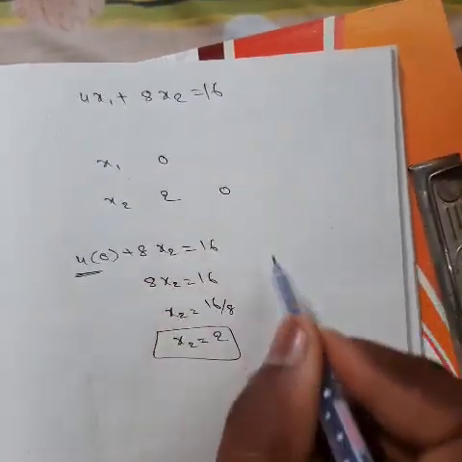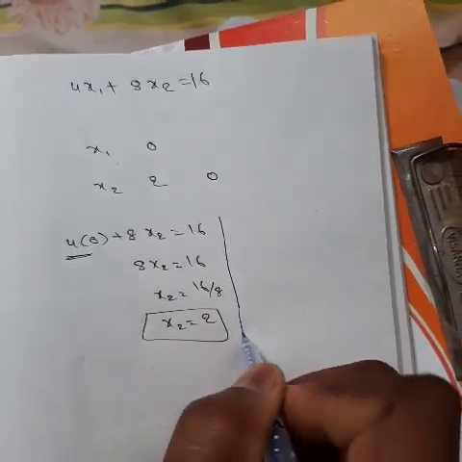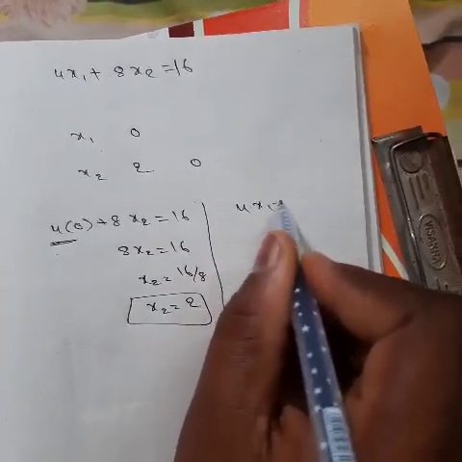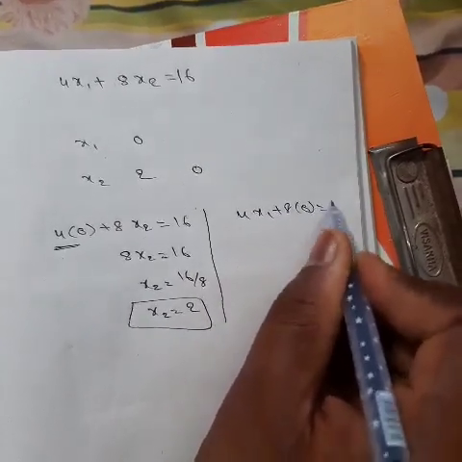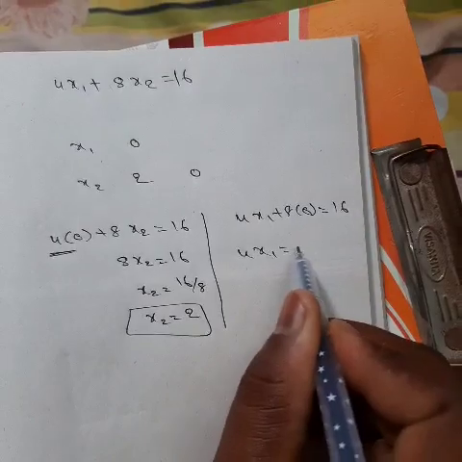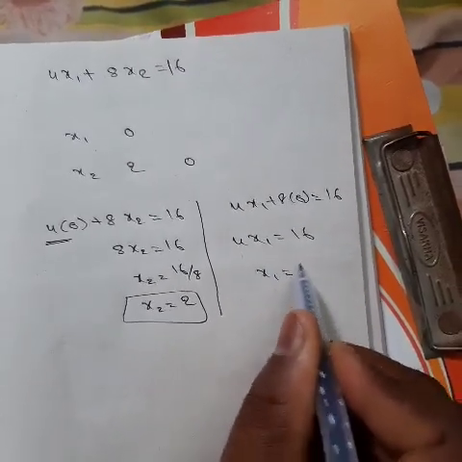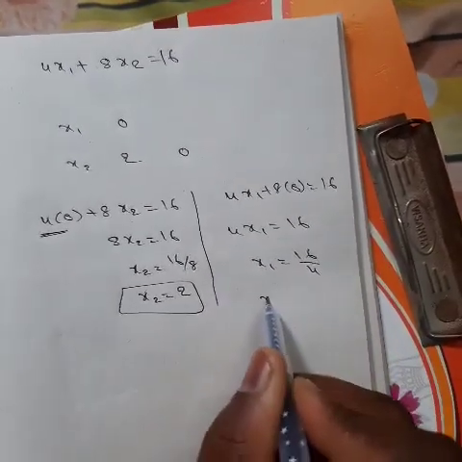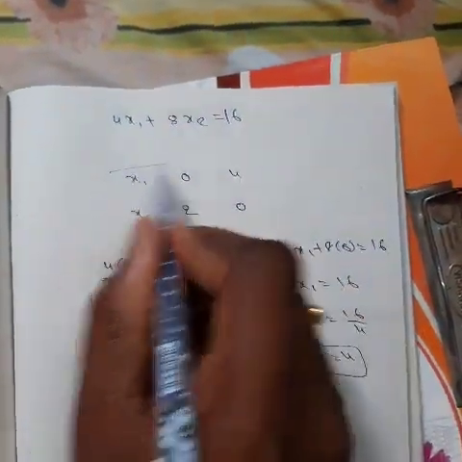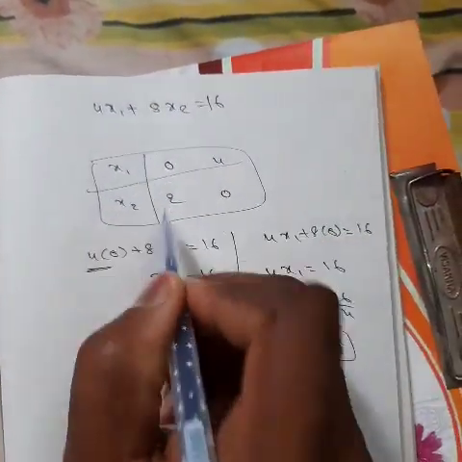Now put x2 value as 0. 4x1 plus 8 into 0 is equal to 16. So 4x1 is equal to 16, x1 equal to 16 by 4, x1 equal to 4. The coordinates are 0, 2 and 4, 0.